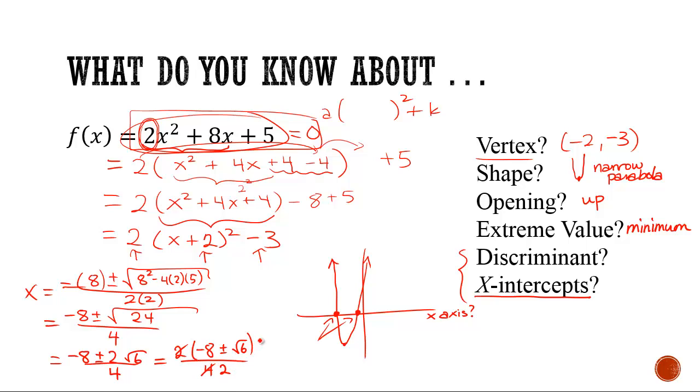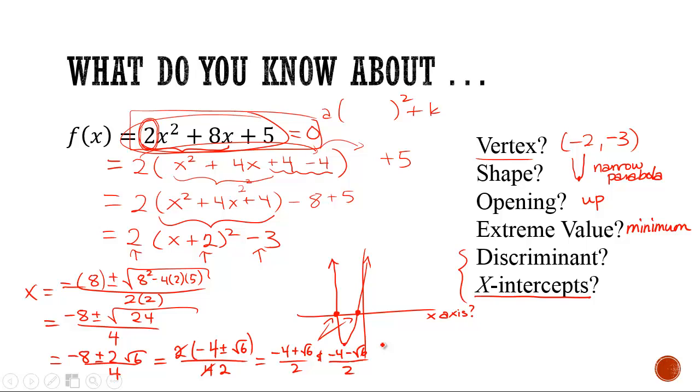So that'll be negative 4 plus or minus root 6 over 2. So our 2 points there are negative 4 plus root 6 over 2 and negative 4 minus root 6 over 2.